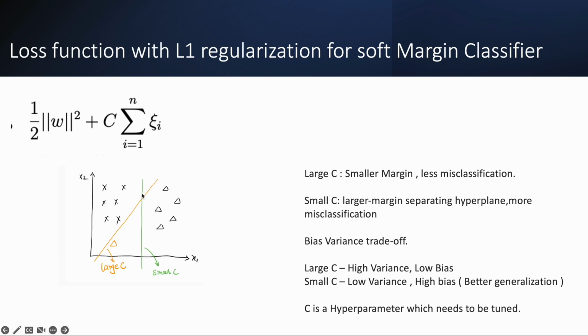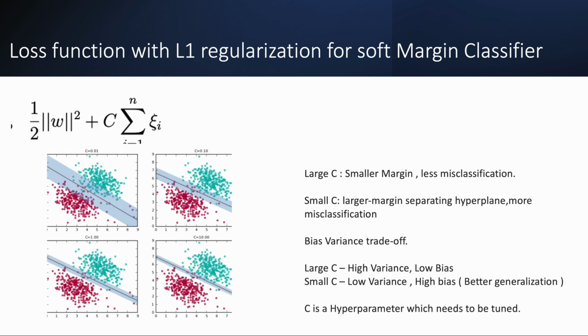The road will be very narrow in case of this orange line. So this is the case of a large C, but we are also reducing the misclassification because our roads are narrow, and I have tilted my decision boundary over here. By taking a large C, there are fewer chances of misclassification. So it's always a trade-off between bias and variance, the value of C which needs to be set.